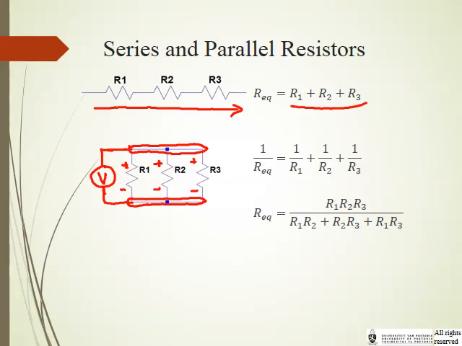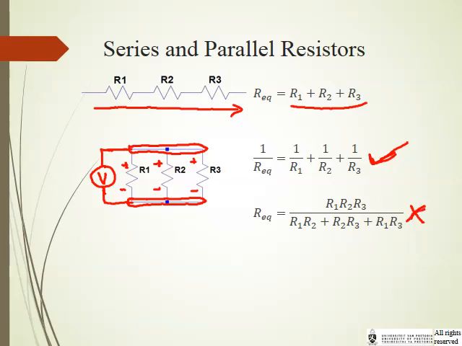How do we calculate the parallel resistance? The safest way is this formula, this one over here. So it doesn't matter how many resistors you have in parallel, it's always 1 over R1 plus 1 over R2 plus 1 over R3 plus 1 over R4, etc., etc. The one over here is, I don't want to say wrong, but that's a bit dangerous.